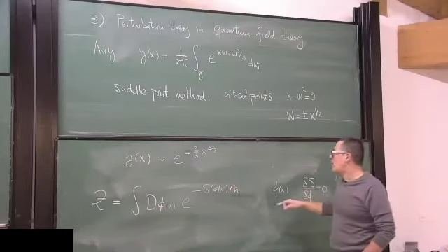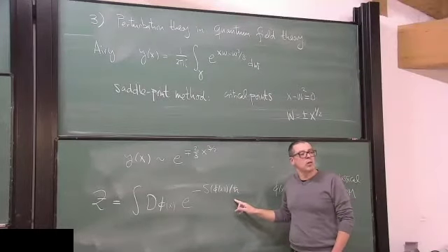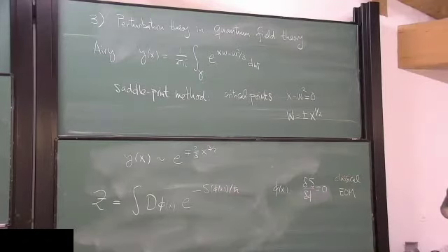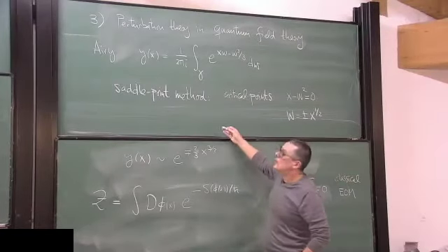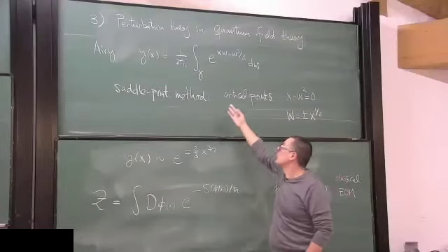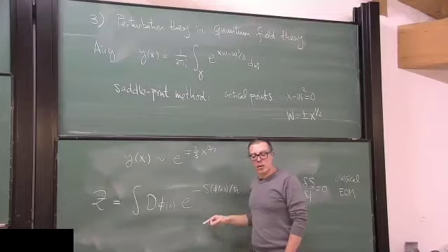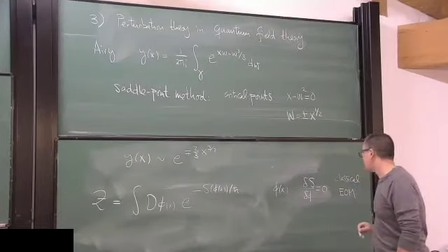And what you get is a formal power series in h bar, which is an asymptotic representation of the quantity that you want to calculate. So, in the same way that we would like to make sense of these asymptotic expansions that appear in the context of ordinary differential equations, in the context of Airy functions, we would like to make sense as well of the formal power series that appear in quantum field theory.